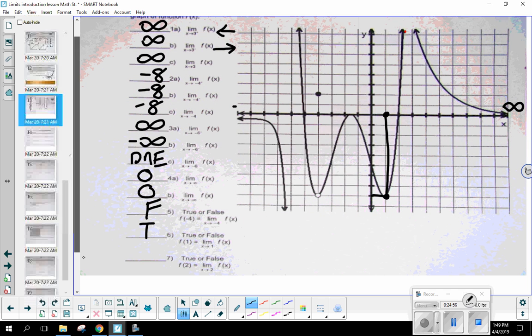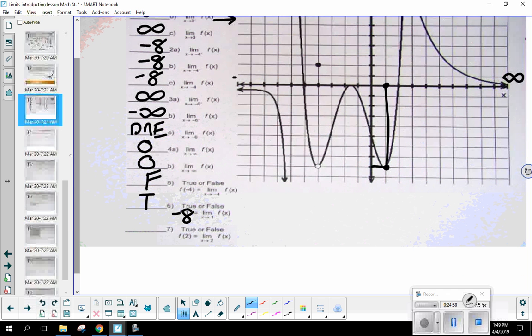Negative 8. Okay. So negative 8 equals the limit as x approaches 1 of the function. Well, on both sides, if I approach 1 from the left, if I approach 1 from the right, there you go. You are approaching negative 8 from both sides. So negative 8 does equal negative 8. That is true. Okay. How many people got that one right?